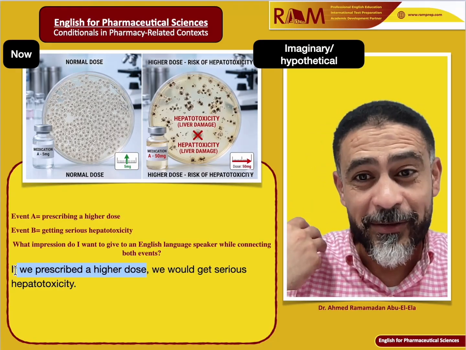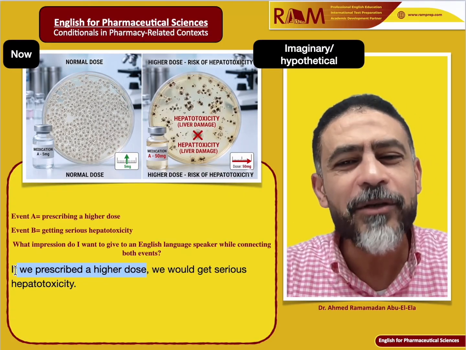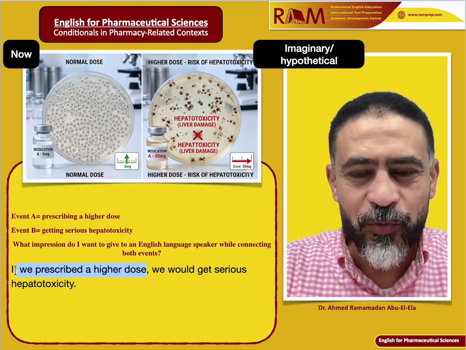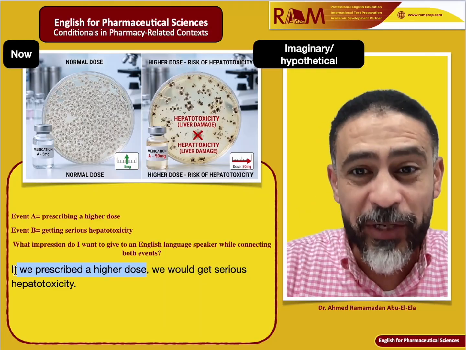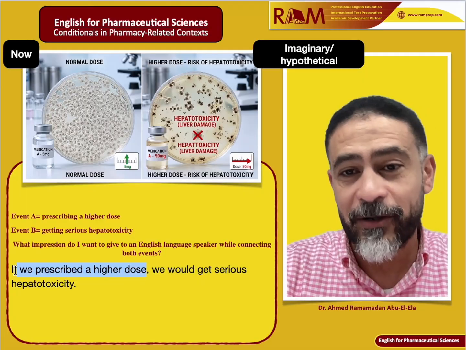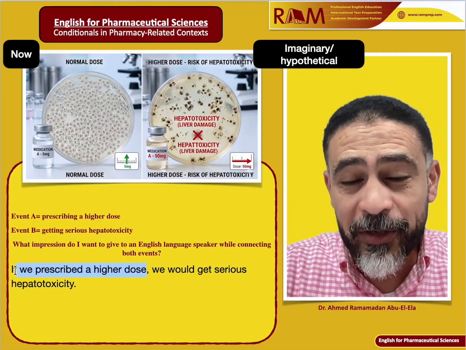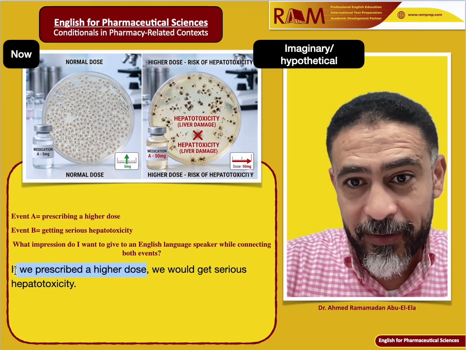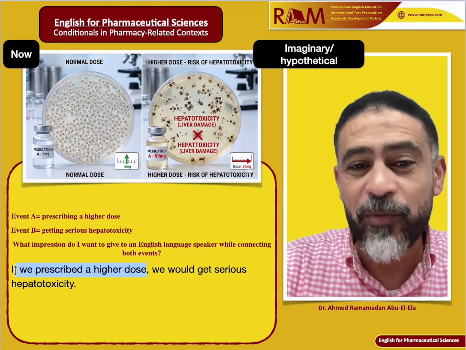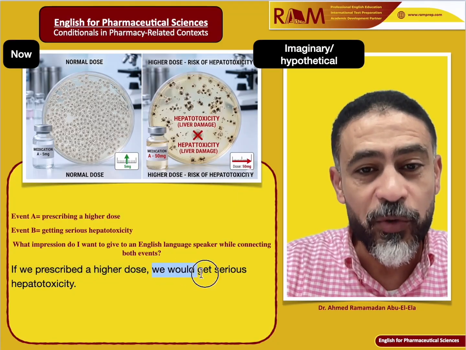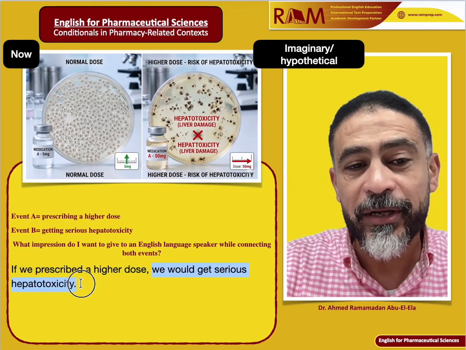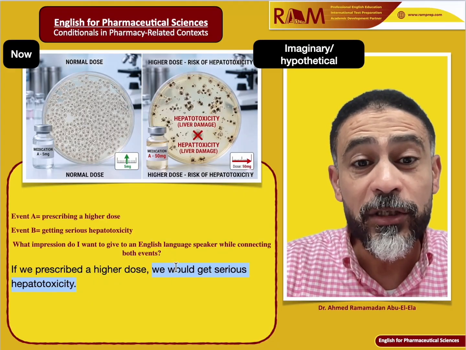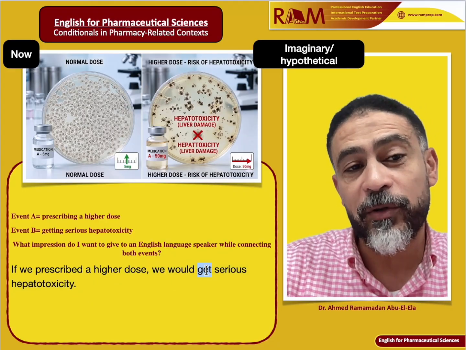I use the past simple to emphasize this is an unreal cause, a hypothetical cause, and based on a hypothetical cause, there would be a hypothetical, imaginary, or unreal result, which is we would get serious hepatotoxicity. And you can notice here that I used would plus the base form of the verb.